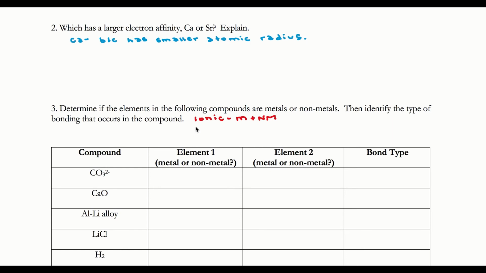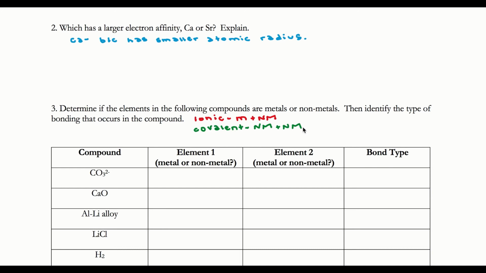A covalent bond occurs between two nonmetals. And the reason why is that if you have two nonmetals, they have very similar electron affinities. And so one nonmetal is not going to give up an electron to a different nonmetal.